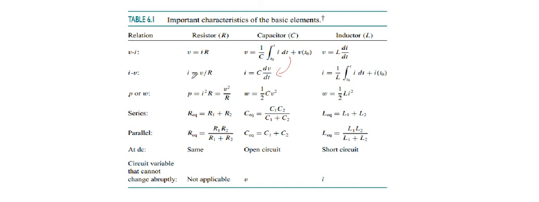And for IV, we have I is equal to V over R. And also this one, ito is nag-integrate ka. And for power, we have P is equal to I squared R, and so on and so forth. And for energy, we have 1 half CV squared, and also we have 1 half Li squared. And for the series, we have this one, and also for parallel.